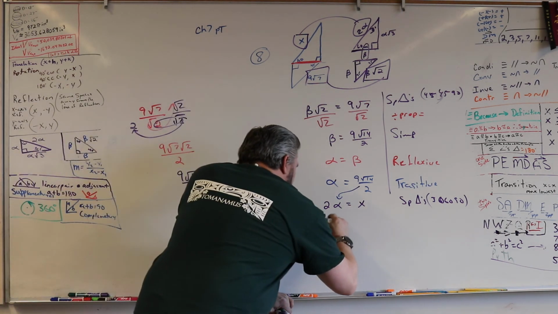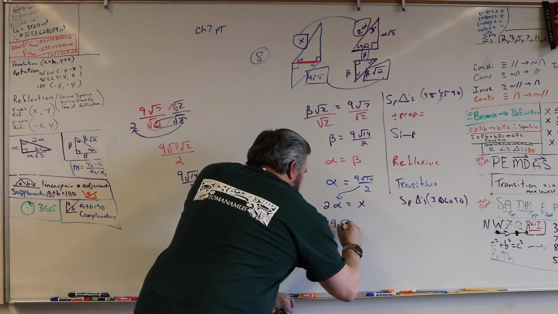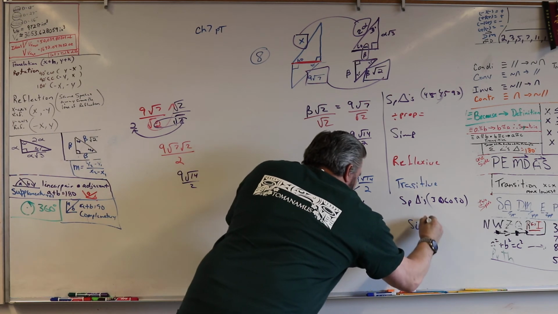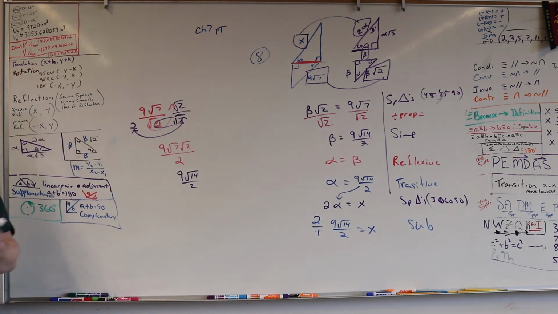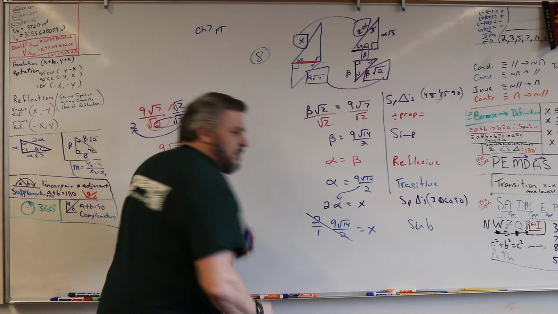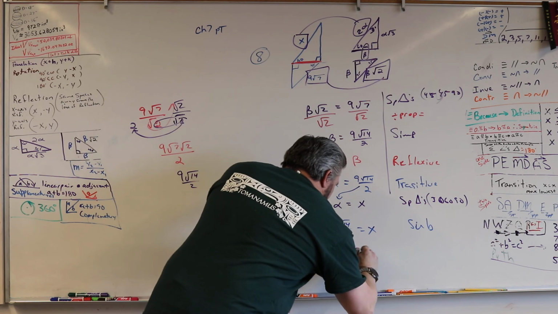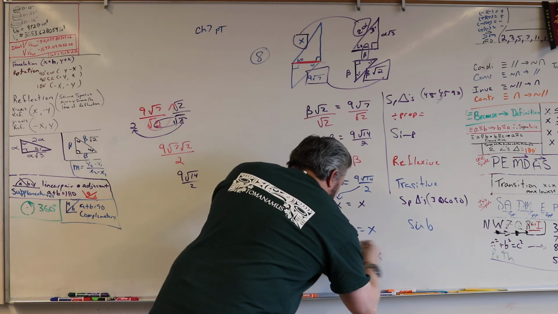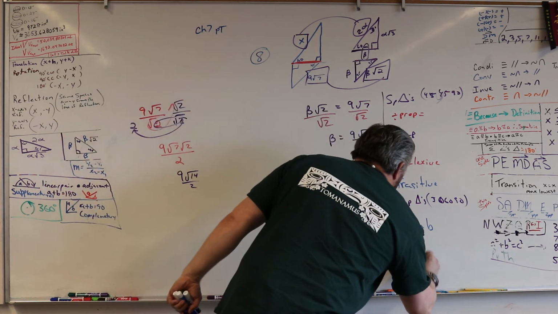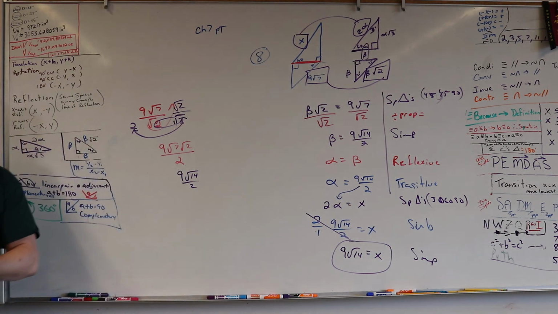So then it's 2 over 1 times 9 square roots of 14 over 2 is equal to x. Substitution, right? And then look what cancels out. So x, 9 square roots of 14 is equal to x. And that is simplifying. Boom, number 8. Okay, cool.